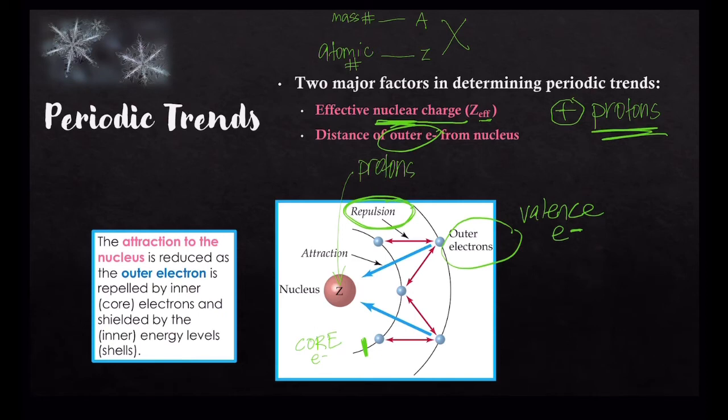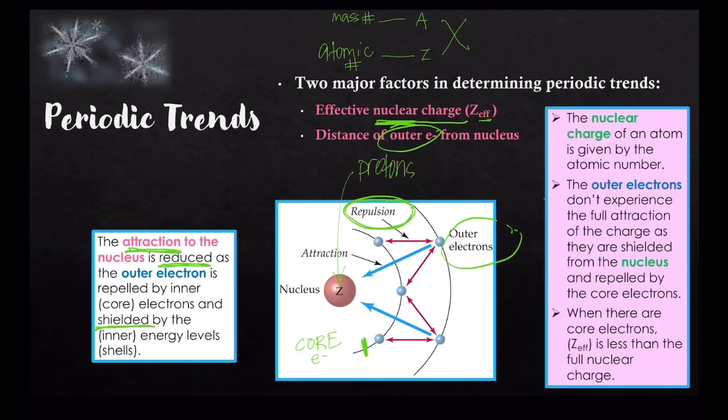And because of that, the attraction of the outer electrons to the nucleus is reduced, because the core electrons shield the outer electrons from the attractive force of the nucleus.